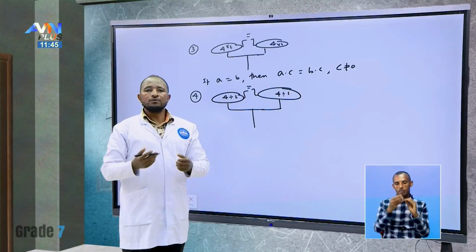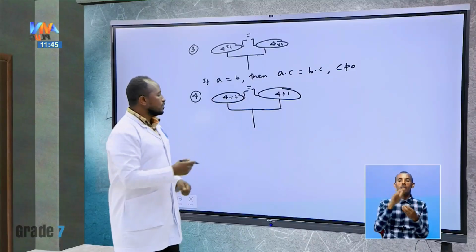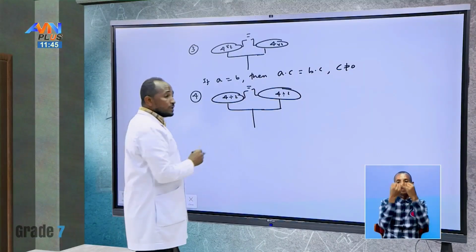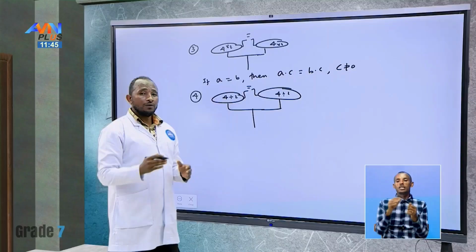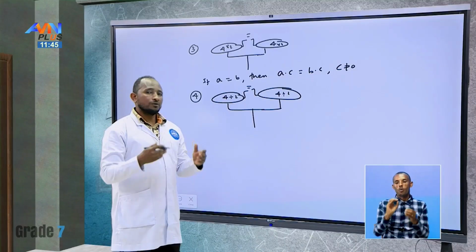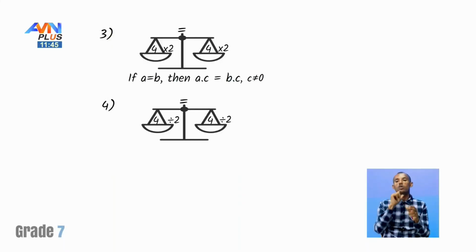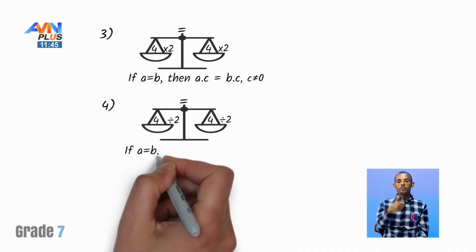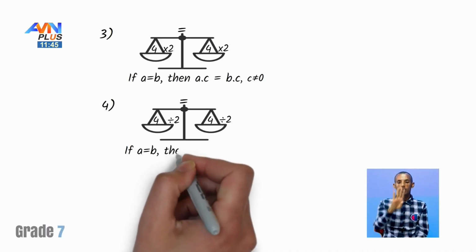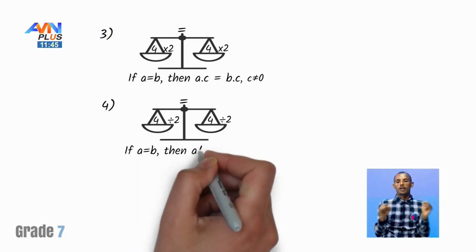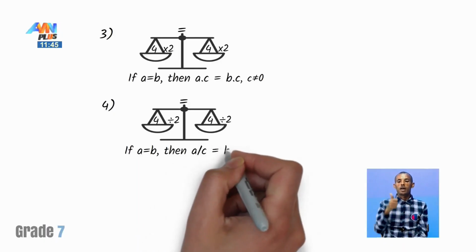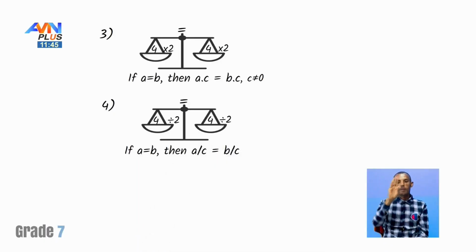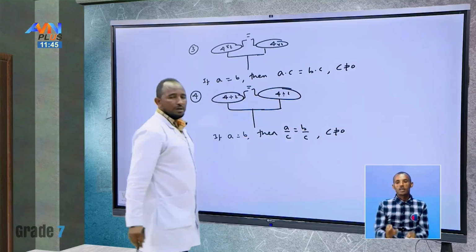The equation will not be affected. Therefore, if A is equal to B, then dividing both sides by some non-zero number, the equation will not be affected.